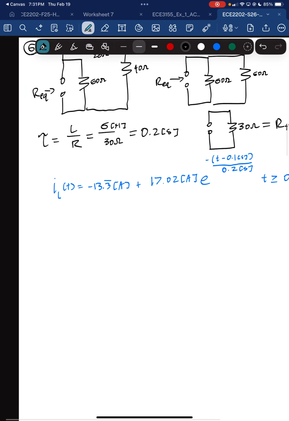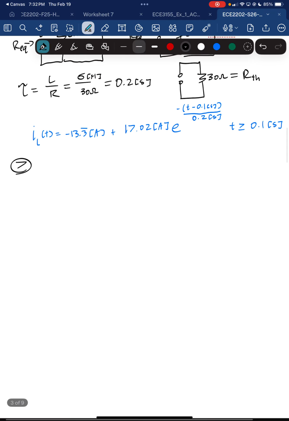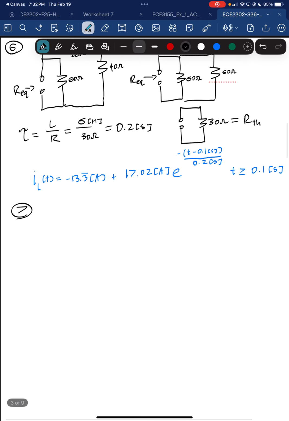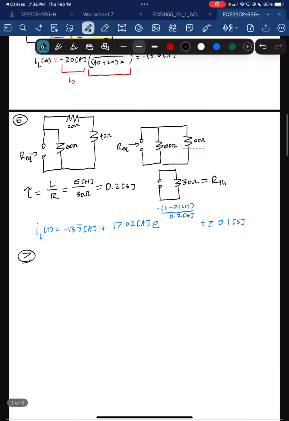And now, last step. This problem's so fun, isn't it? Last step is to, of course, use IL to find I3.